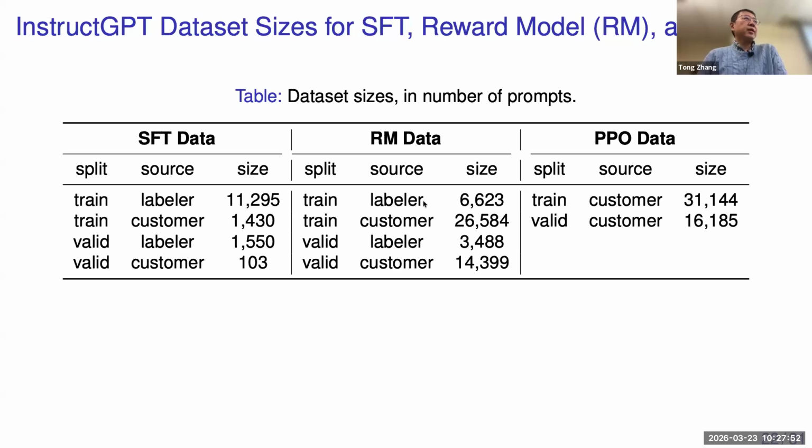For the reward model, again you have a distribution, but now you are seeking more. SFT has less to do with customer data, their API, than the alignment does. Alignment, as I mentioned, has more to do with the chat application; it favors what customers favor. So you see significantly more customer data there.